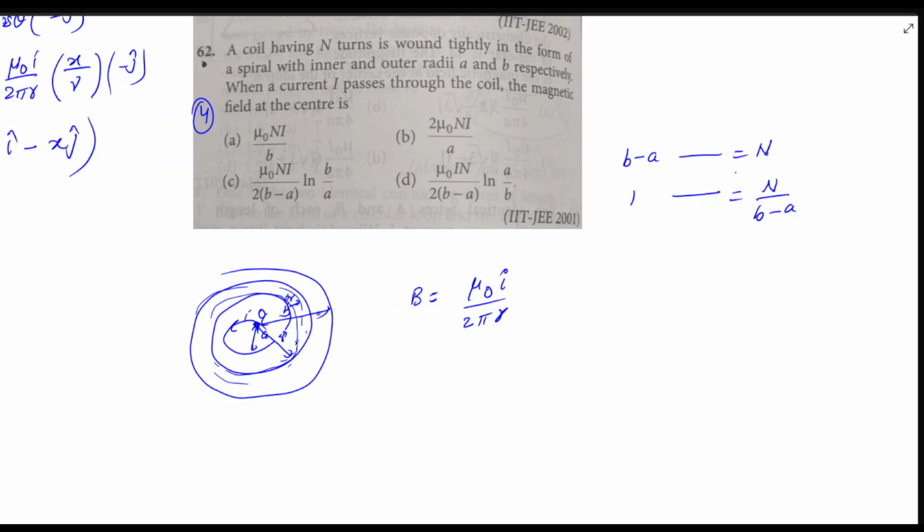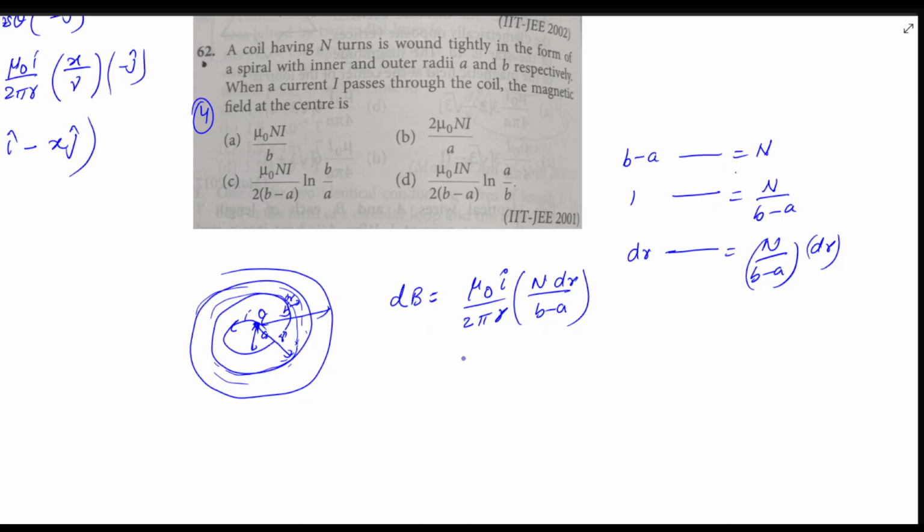So for this dr thickness, there will be n upon B minus A into dr turns. And if these turns are there, then the current will not be just I. It will be I into n dr upon B minus A. And this is our integrating element.